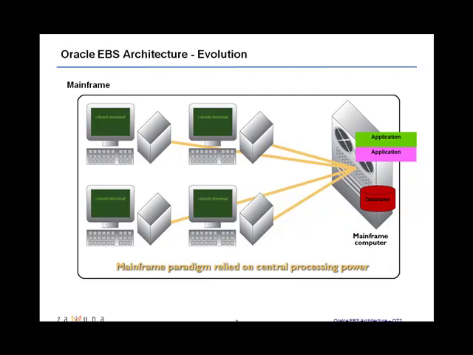Initially, when Oracle came out with their first versions of Oracle applications, it was a character-based application, basically a character-based mainframe application back in the late 1980s and early 90s.